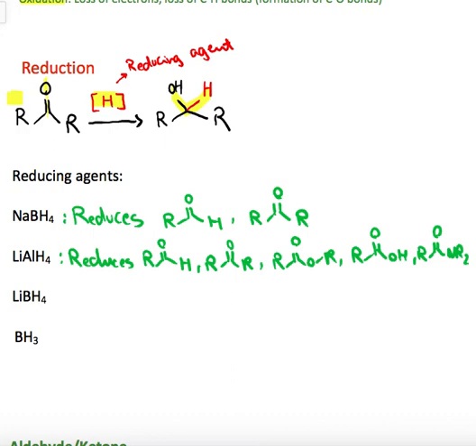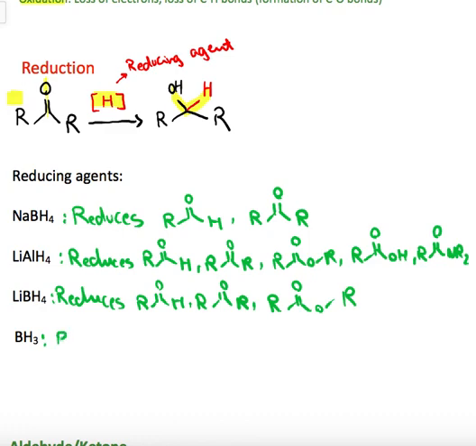Lithium borohydride can reduce aldehydes and ketones. And it can also reduce esters. Borane is usually used to reduce amides and carboxylic acids.